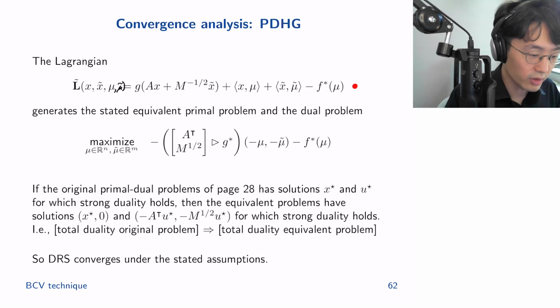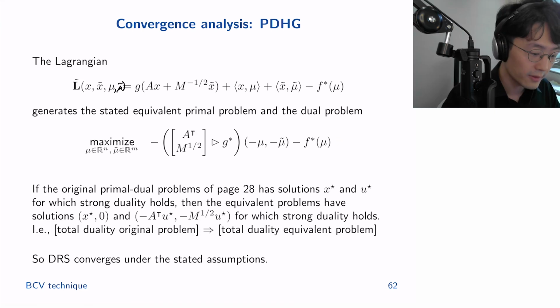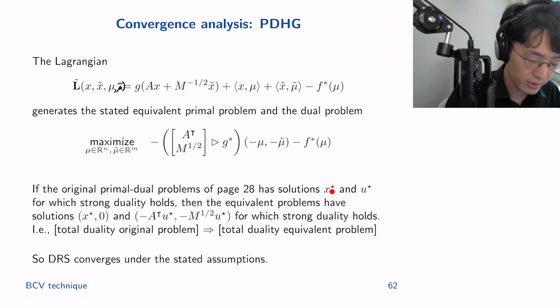Let's consider this Lagrangian L tilde. This Lagrangian L tilde generates the stated equivalent primal problem, and it generates the dual problem of this form. If the original primal-dual problem for PDHG has a primal solution x star, a dual solution u star, and strong duality holds, then the equivalent problems have the solution x star comma 0, and then the dual solution of this form.